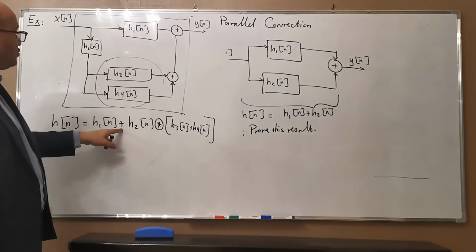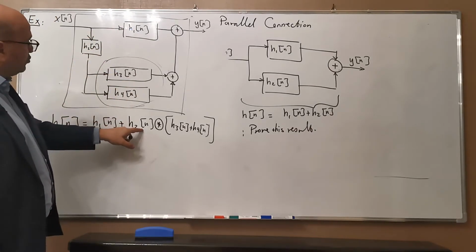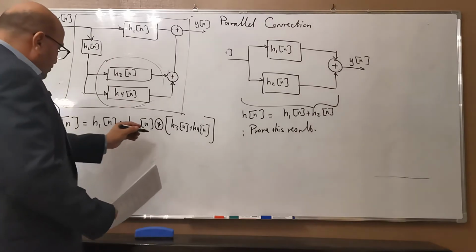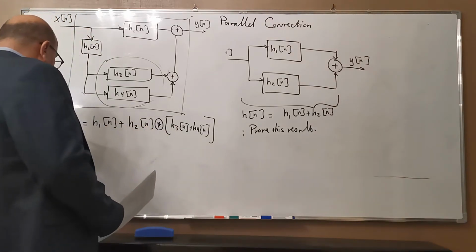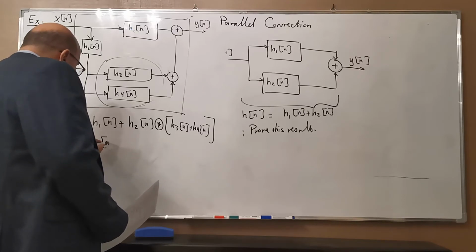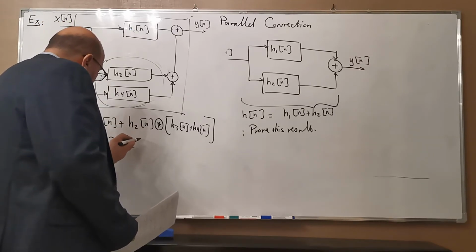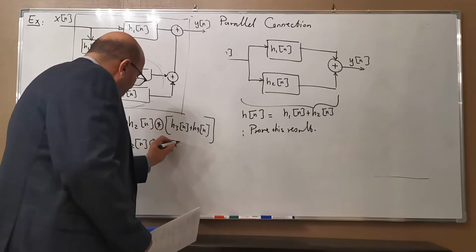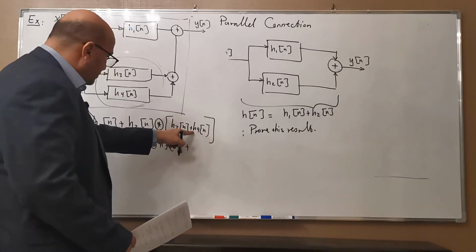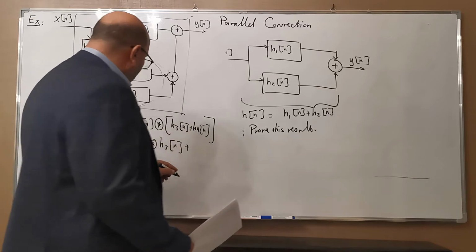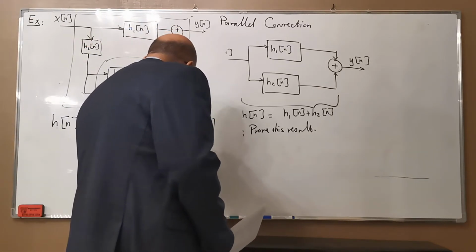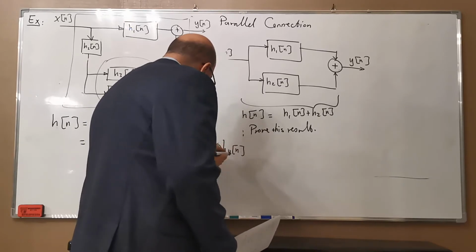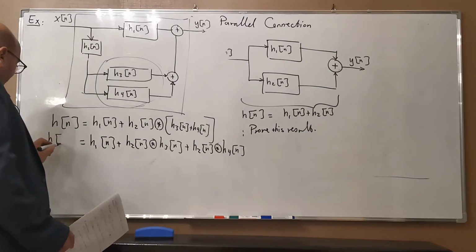Just to distribute the convolution over the summation, h1 of n plus h2 of n convolved with h3 of n plus h2 of n convolved with h4 of n. So this is our total h of n.